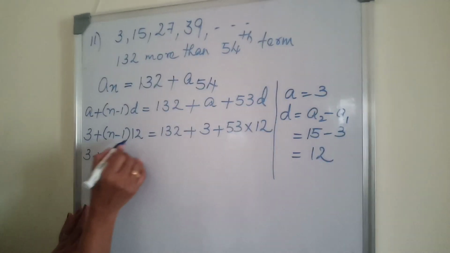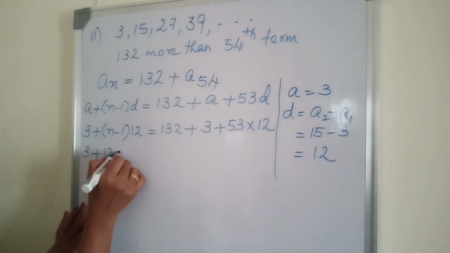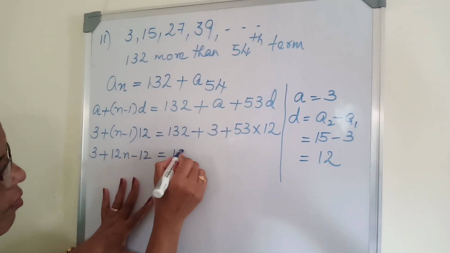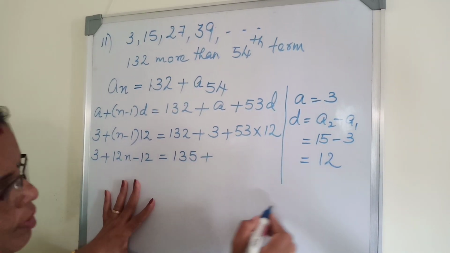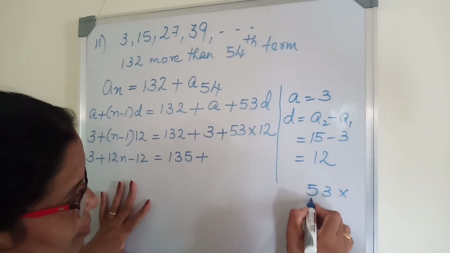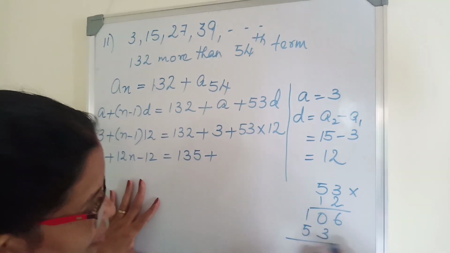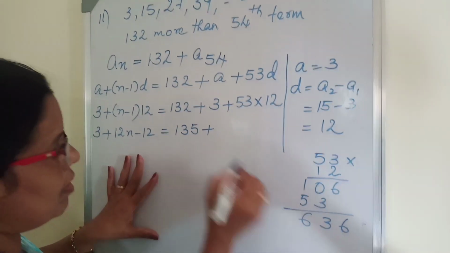3 plus 12 into n, 12n minus 12 is equal to 132 plus 3, 135 plus 53 into 12, 636.